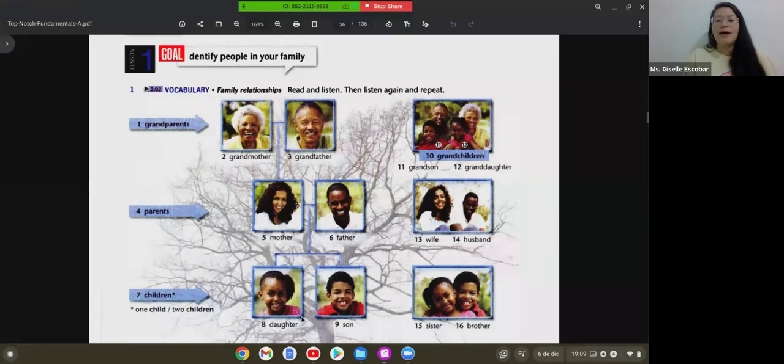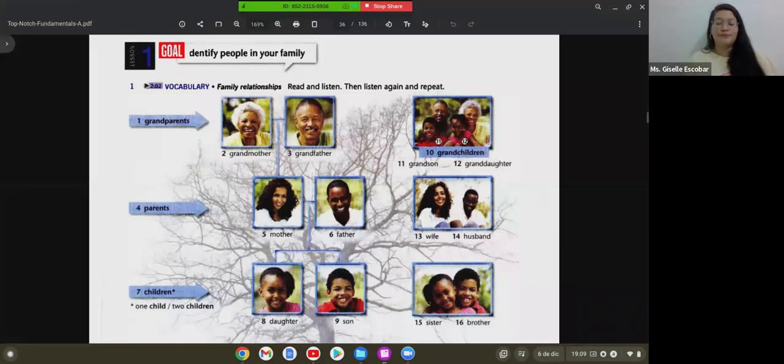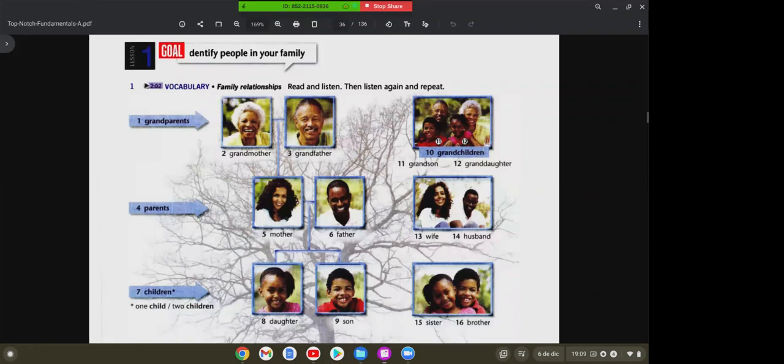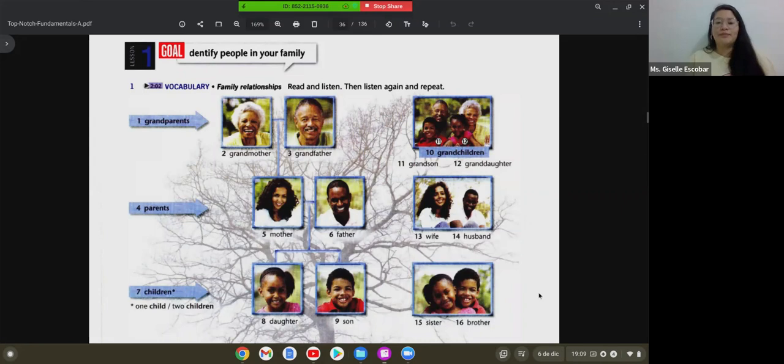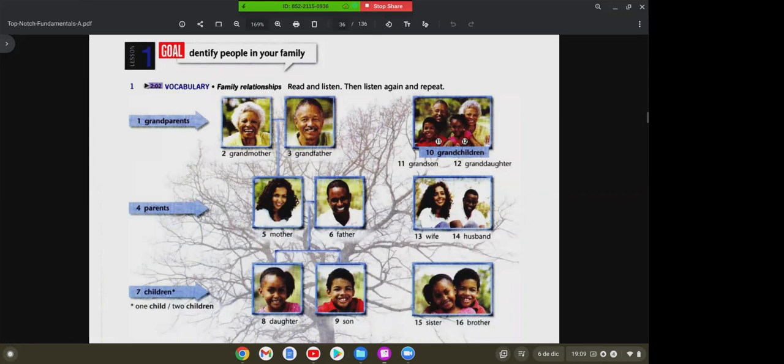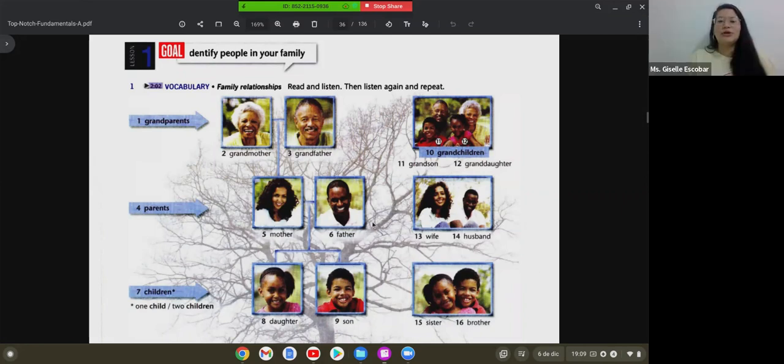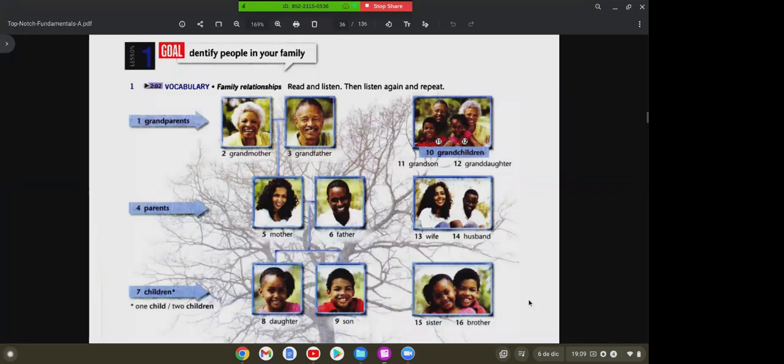So how many words do we have? Leamos lo uno. ¿Cuántas palabras? Look.